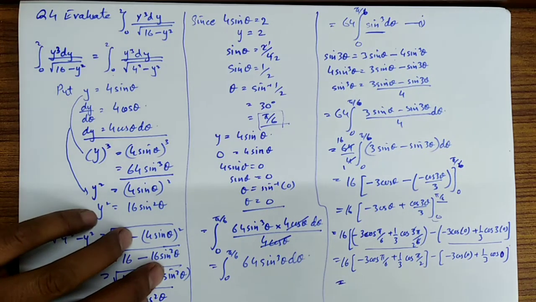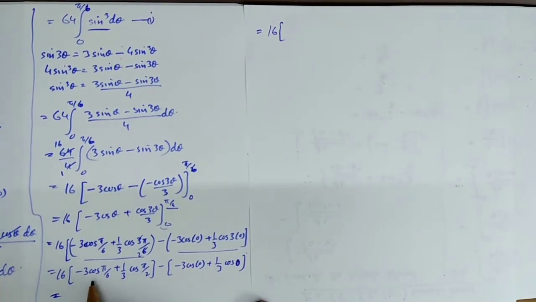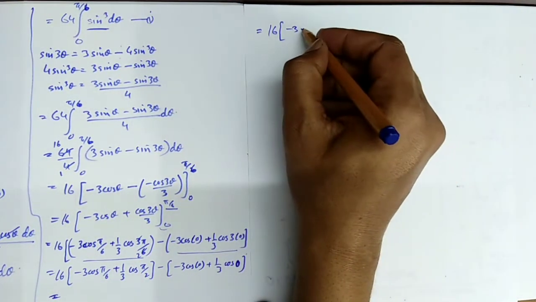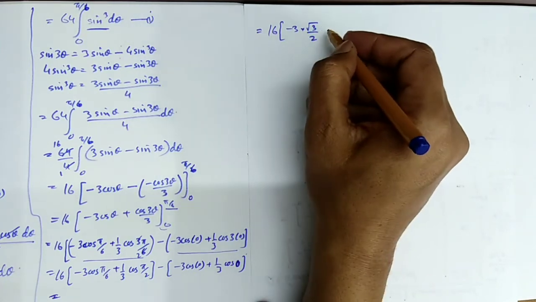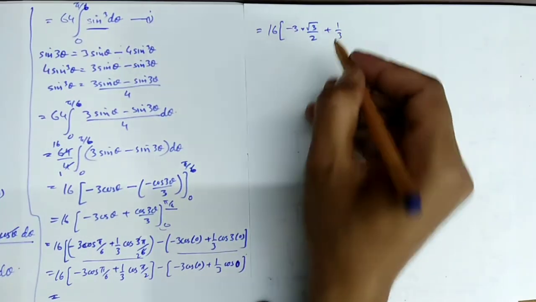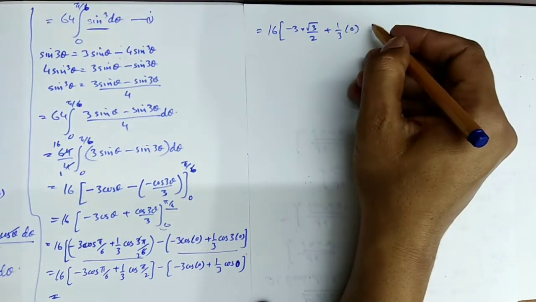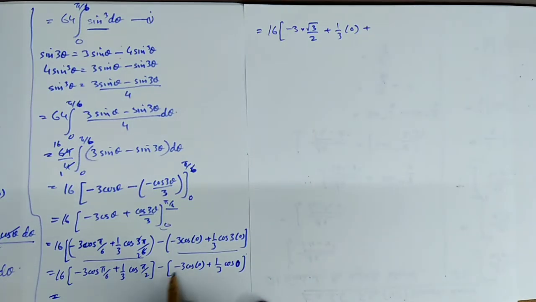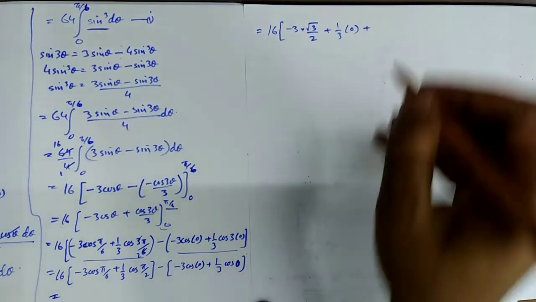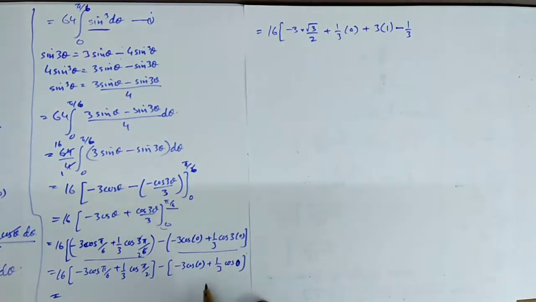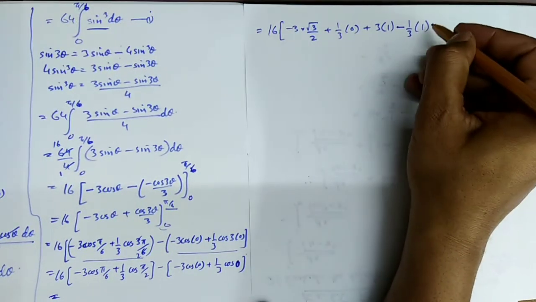Okay, so minus 3 cos of pi upon 6 is equal to root of 3 upon 2, plus 1 upon 3 cos pi upon 2, that is equal to 0, plus, multiplying minus into minus, plus 3 cos 0, cos of 0 is equal to 1, plus minus into minus, 1 upon 3, cos of 0 is 1.